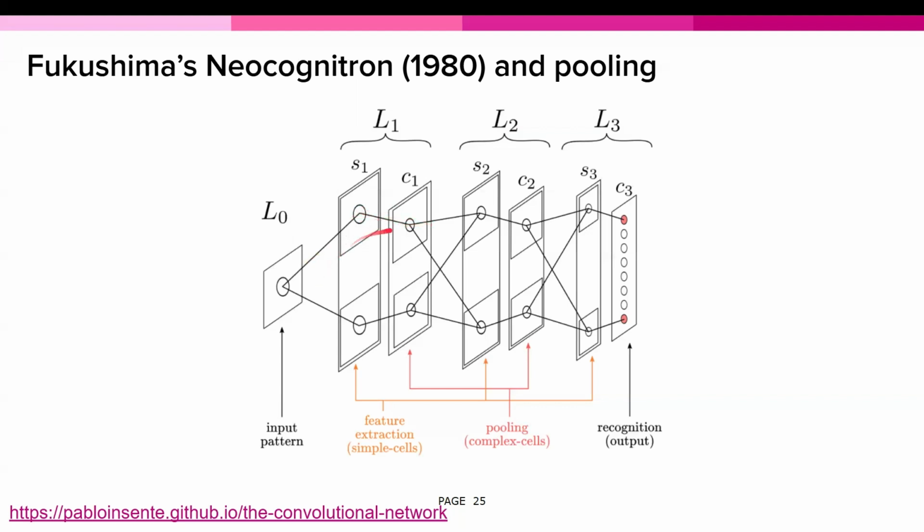As we go deeper in the network, this process of feature extraction by S cells and then spatial pooling by C cells is repeated at every level, for example from S2 to C2 in level 2, and then from S3 to C3 in level 3.